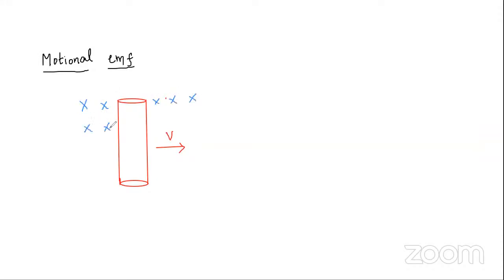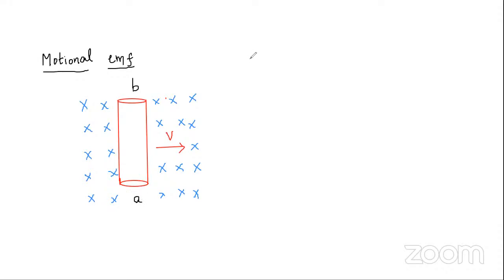That uniform magnetic field is represented by this cross mark, and the magnetic field is directed perpendicular to the screen and inwards. This end is represented as P, and this end is represented as A.